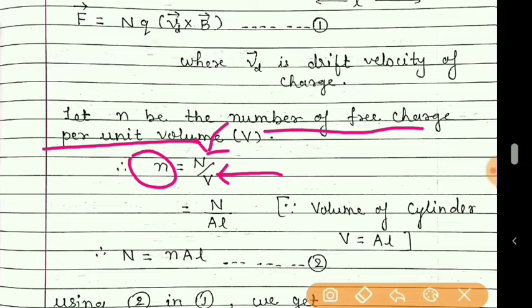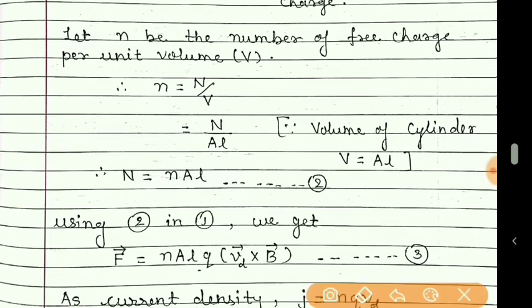Now volume V is equal to area into length, so we keep A into L in place of V. Making capital N the subject, the total number of charge particles in terms of number density, capital N is equal to nAL. Let us give this equation number 2.